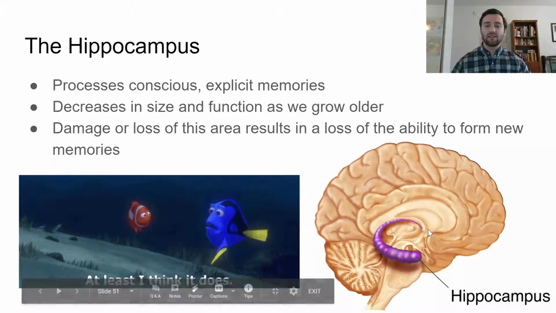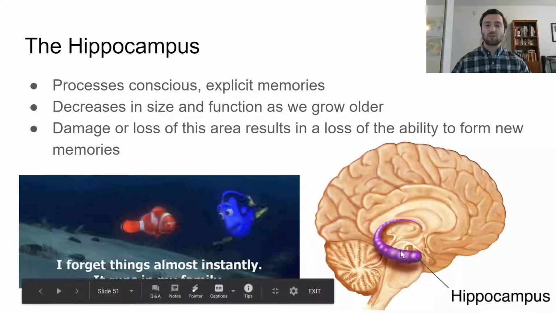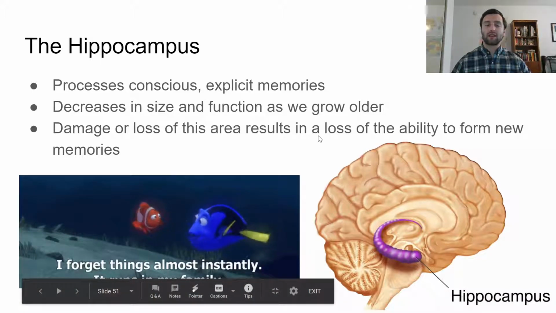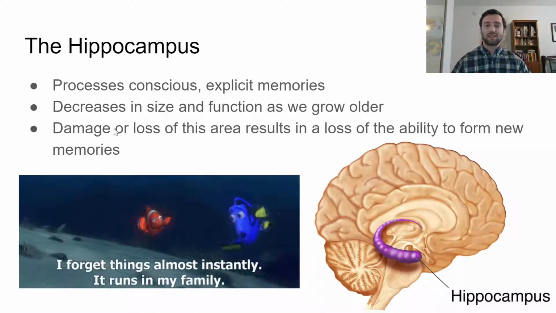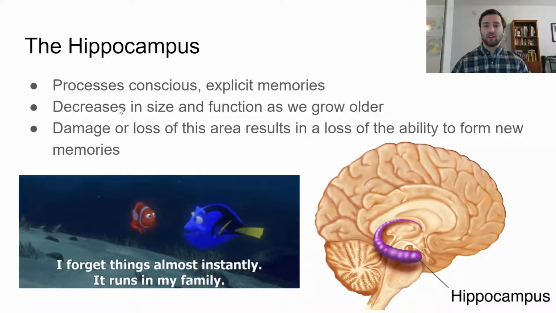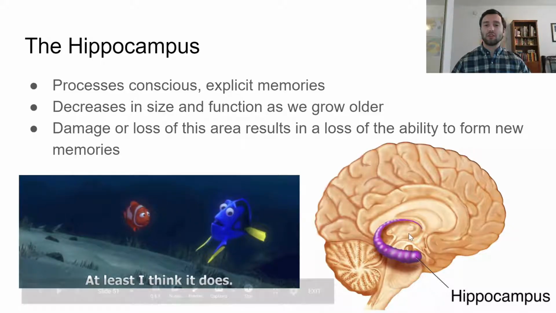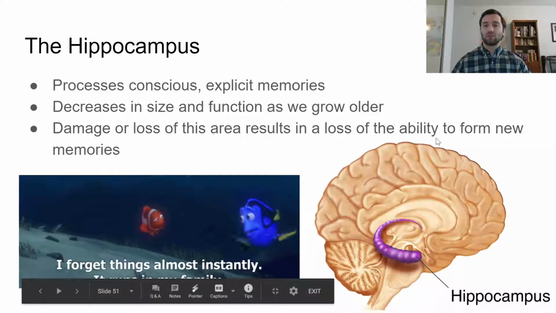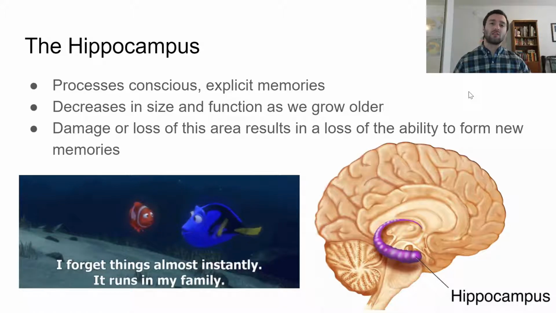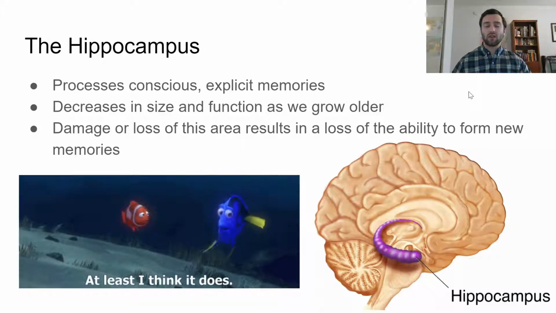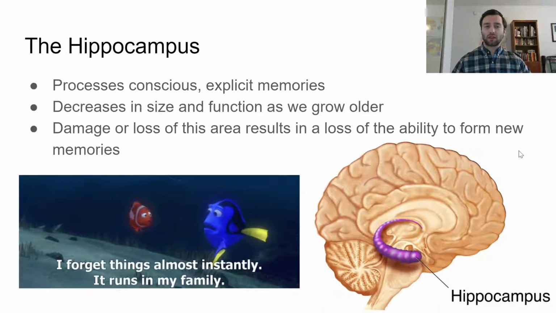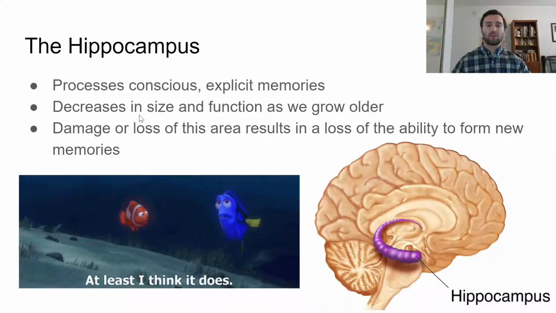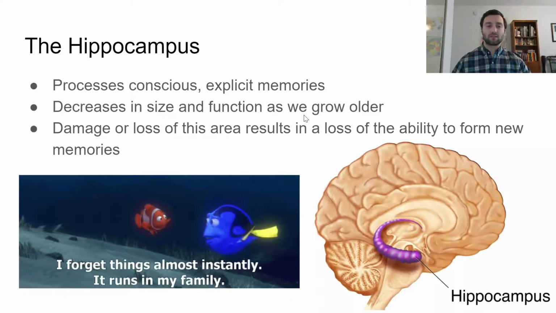As young kids, it's easier for us to learn things than it is as an adult. The saying that you can't teach an old dog new tricks is at least partially due to the hippocampus. When we're really young, we're really good at learning, and little kids learn really quickly. As we get older, it becomes harder and harder to learn new things, and partially that is because of the hippocampus.